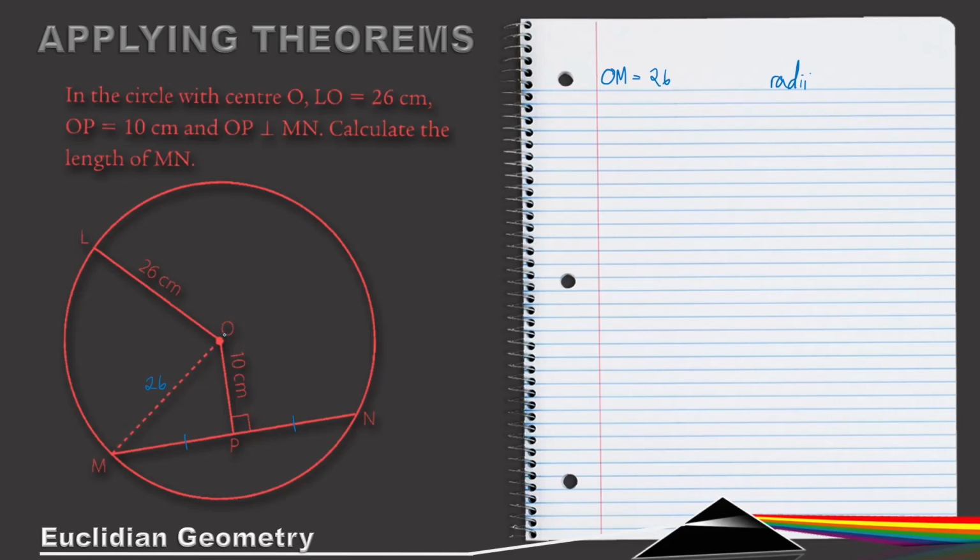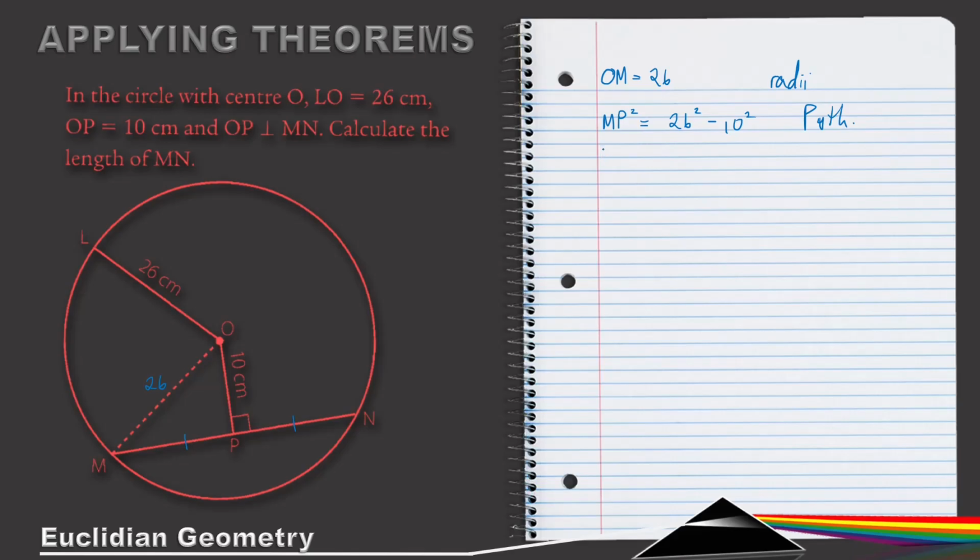So we take the hypotenuse and subtract the smaller side, because now we want the smaller side. So I'm going to say that MP squared is equal to my longer side, the hypotenuse, so that's going to be 26 squared minus the other short side, 10 squared. And the reason is simply Pythagoras.